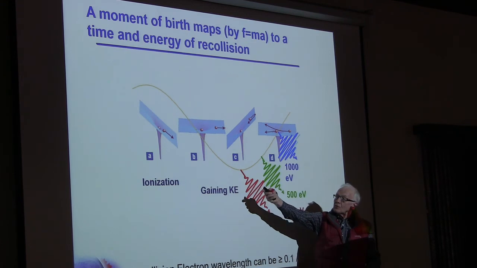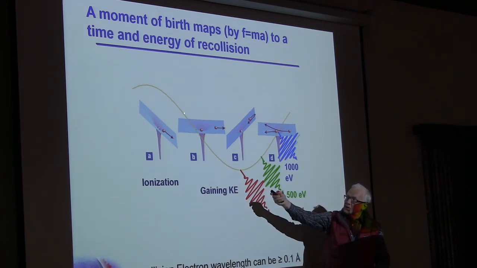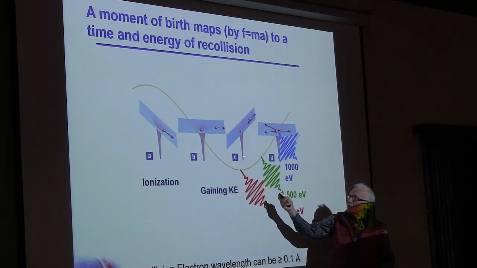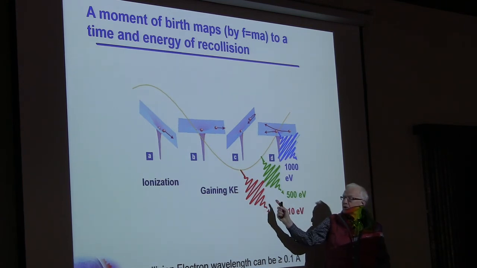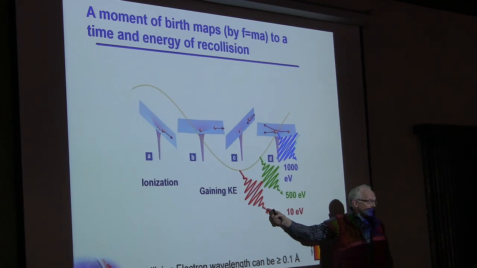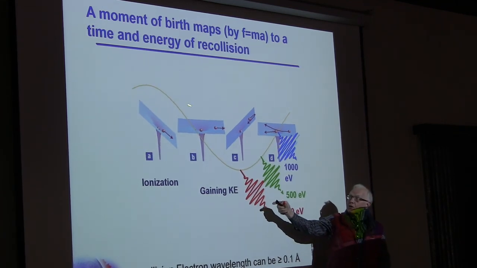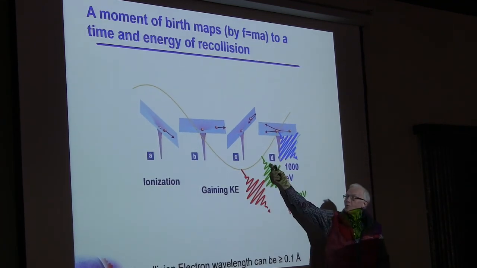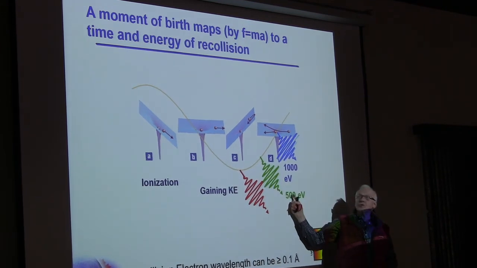It turns out that an electron born late in the field will come back earlier with low energy, recombining, giving out its energy as a low frequency photon. If it's born a little earlier, it comes back giving out more energy as a higher frequency photon.